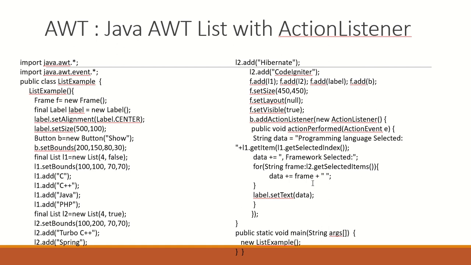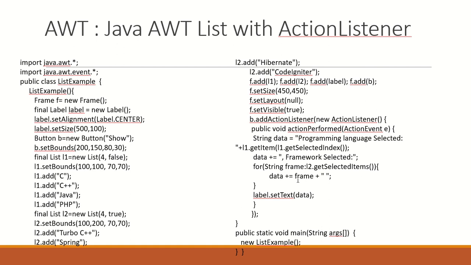Is that clear? Suppose you are selecting two items, then you will be running the for loop across the list, and you will find that two index positions are in the selected status. The items stored inside those index positions will be retrieved by this for loop, and that will be appended to data.